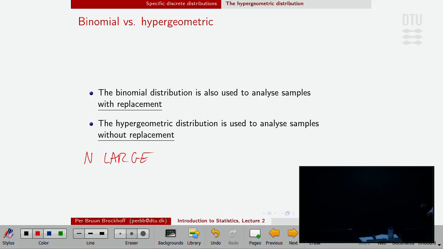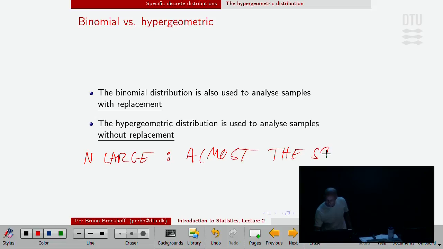So whether you do hypergeometric or binomial, if you have a large n, makes really no difference at all. So for a large n, this is the loose way of saying it, it's almost the same.